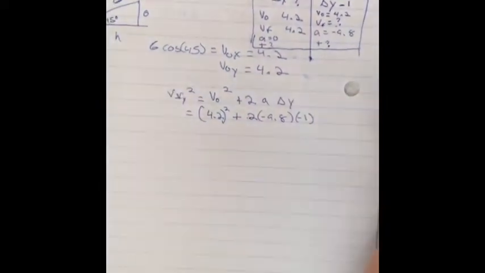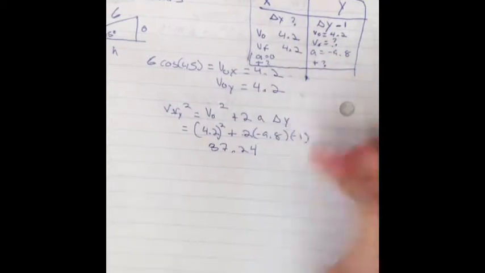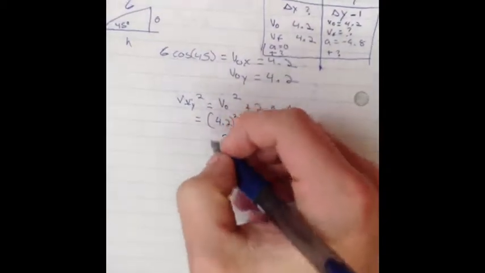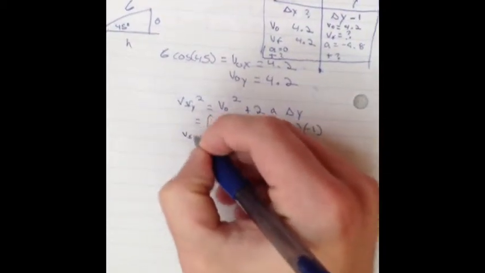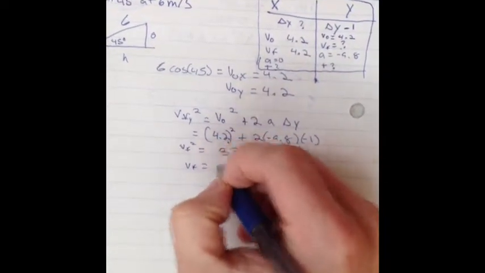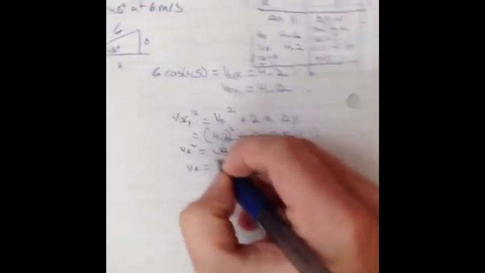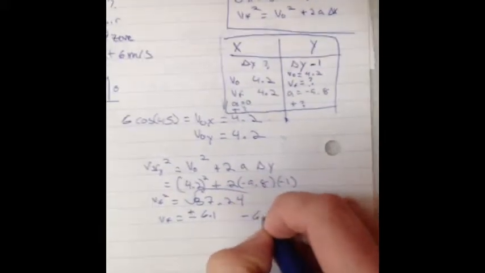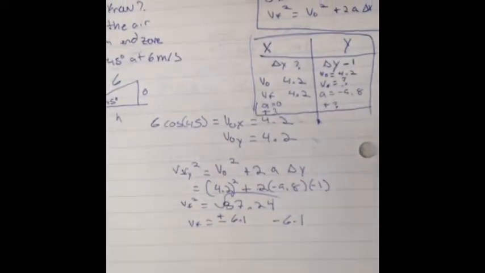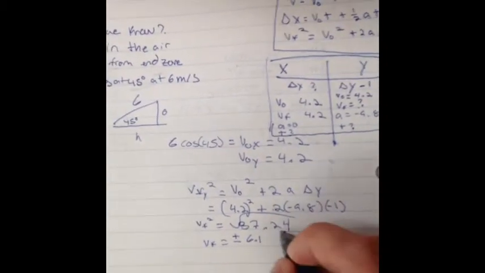This equals out to 37.24. If you do the math, this equals velocity final squared. So velocity final, you square root both sides, and it's going to equal plus or minus 6.1. In this case, it's going to be negative 6.1, because that's the only thing that makes sense here. So that's the velocity final in the y direction.